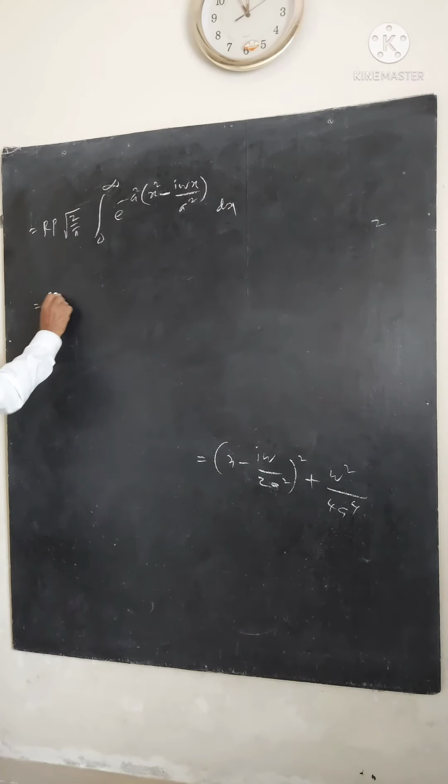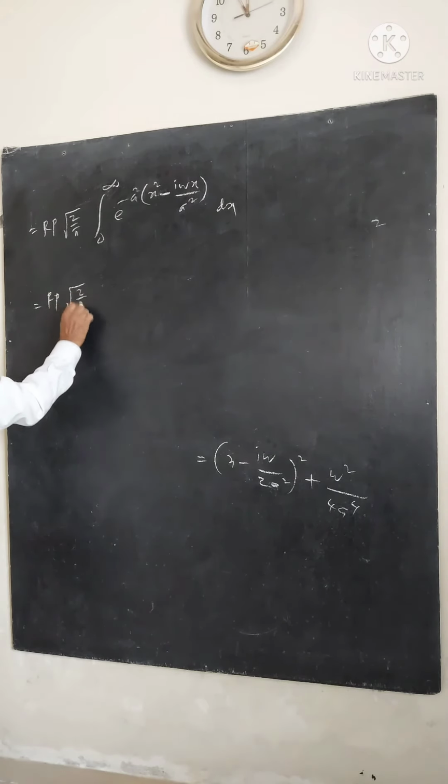Equal to real part of root of 2 by pi, integral 0 to infinity, e power minus a square, put a box bracket, x minus i omega by 2a square whole square plus omega square by 4 a power 4, dx, in the exponential power.